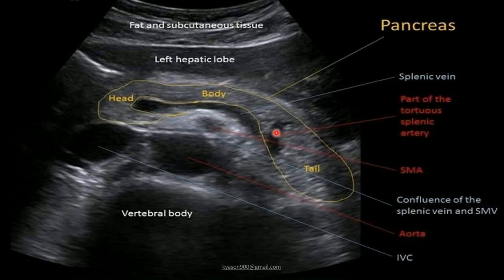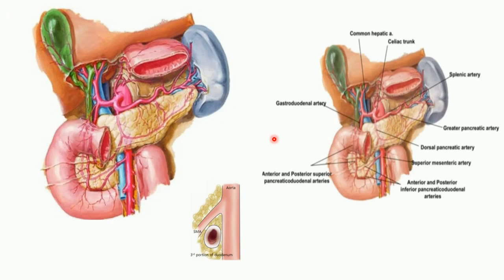In this image, there is something unique that you have to appreciate. Some part of the splenic artery is seen within the pancreas. Sometimes this can confuse, but you have to remember that your artery has a tortuous course. Let me illustrate this.